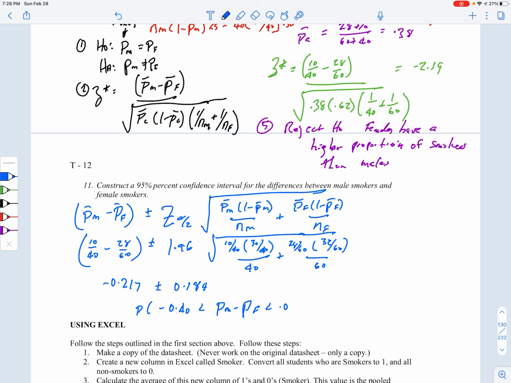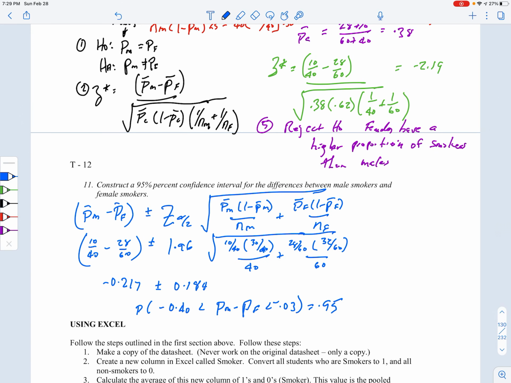It is less than minus 0.03. So both of those are negative, and that supports the hypothesis above.